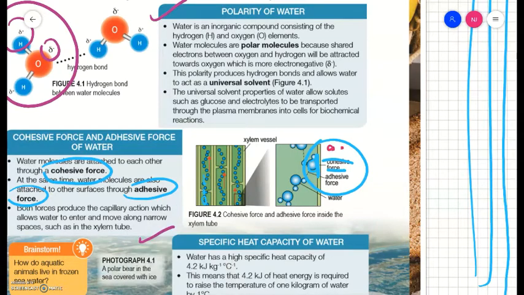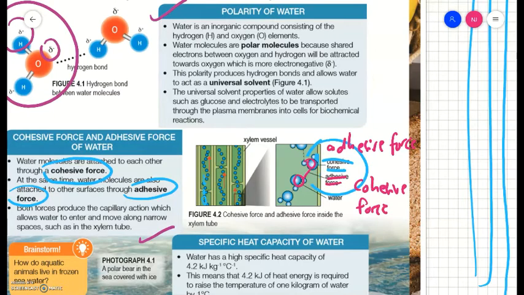This is actually a water molecule attached to another surface, in this case attached to the xylem tube. So this is actually an adhesive force. While for this one, the force of how a water molecule attaches to another water molecule is actually a cohesive force.